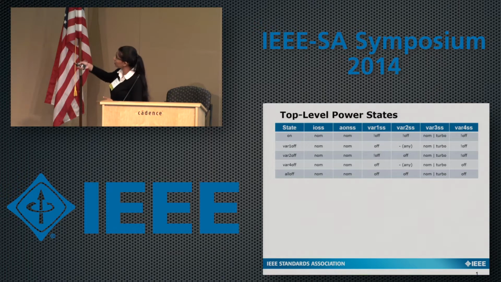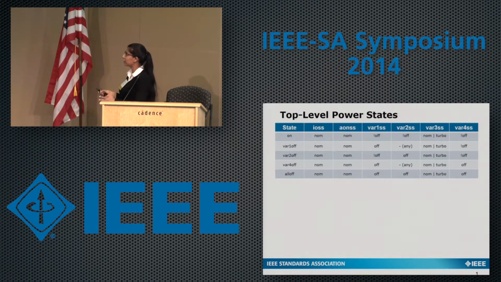So you have these different states, and you eliminate a bunch of rows by putting don't cares or logical expressions to model what that state is. And if you have constant columns, that means the state of that particular supply does not change on your system level power state.